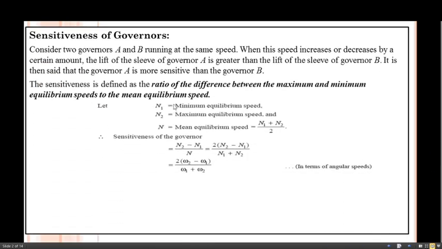Let us consider two governors A and B running at the same speed.